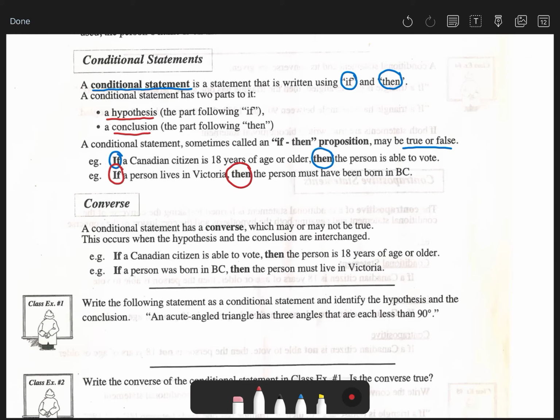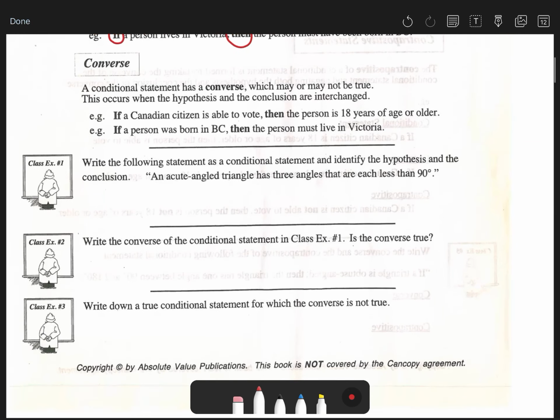The second one, the one I circled in red, is an example of a conditional statement that is false. So conditional statements may be true or they may be false.